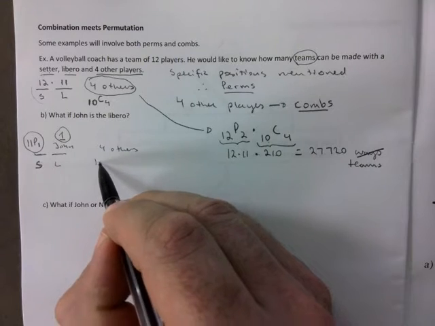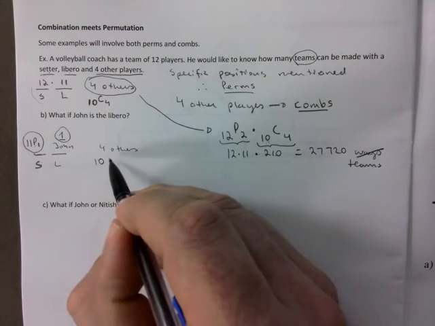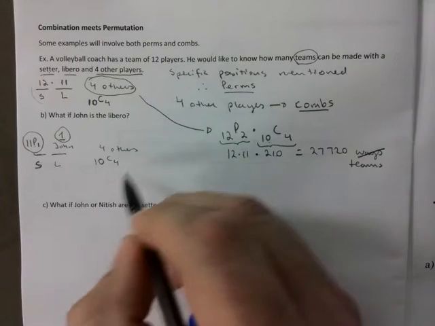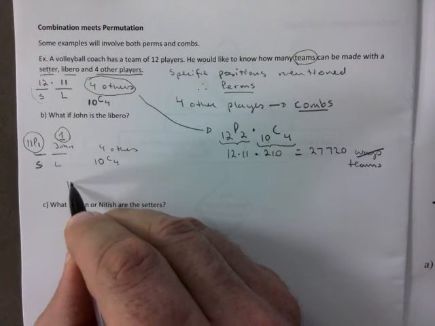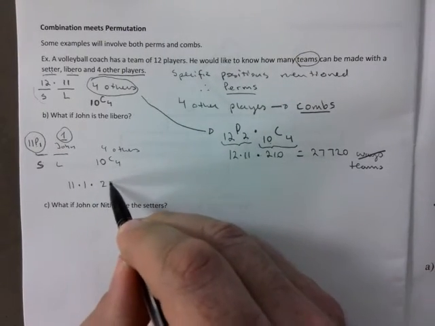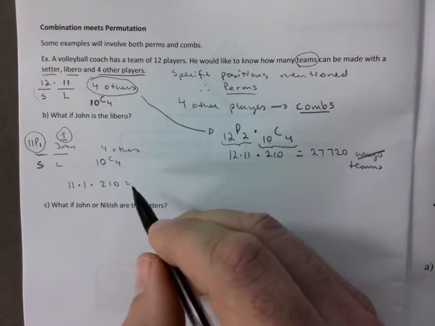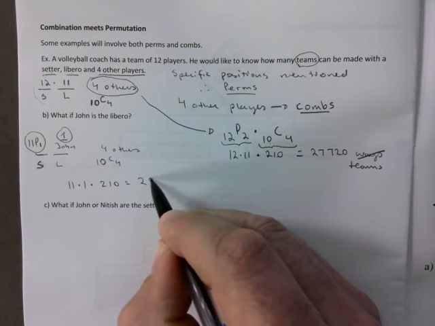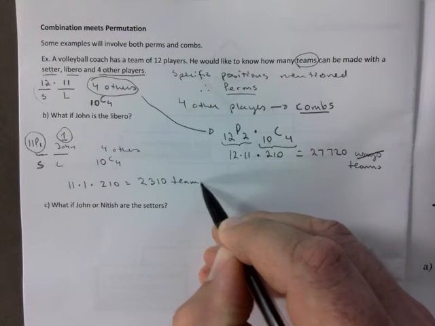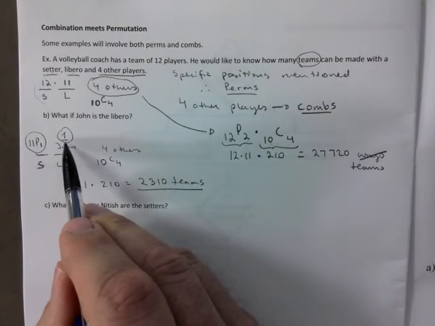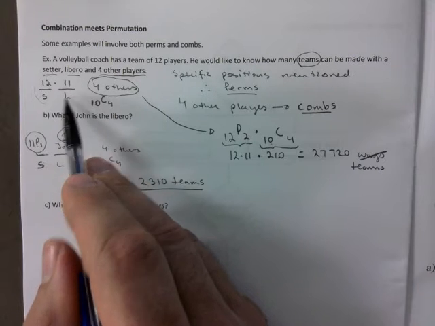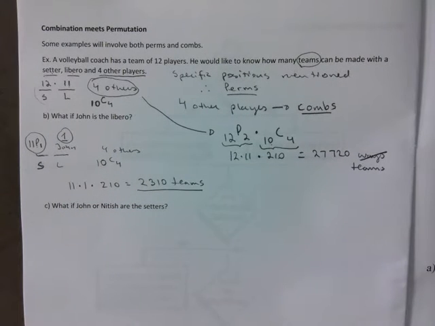And still you've used 2 slots, 2 players, so 10 choose 4 to get the remaining 4, right? So this is 11 times 1 times 10 choose 4, which is still 210. So this is 2,310 teams. Because now, right, John used to have 11 slots to fill that libero position. Now there's only 1 filling in that libero position.